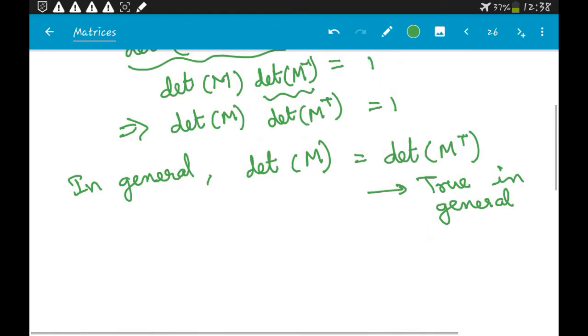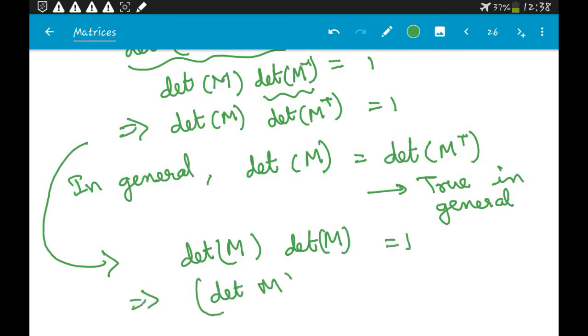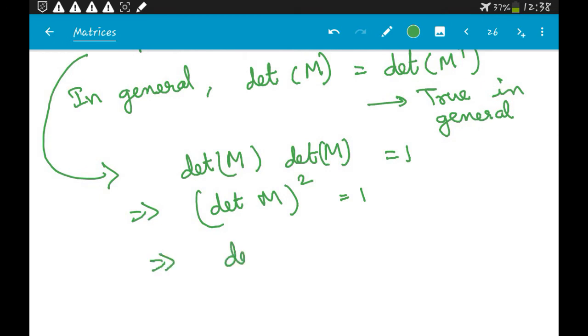So now from here we can substitute: determinant of M into determinant of M will give you 1, which essentially means that determinant of M whole square is going to give you 1. So what this means is that the determinant of M will be plus or minus 1. So if you look at a matrix and see that the inverse of the matrix is equal to the transpose of the matrix, that is an orthogonal matrix.